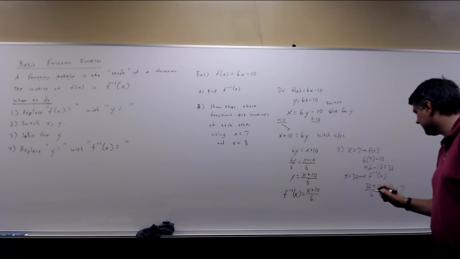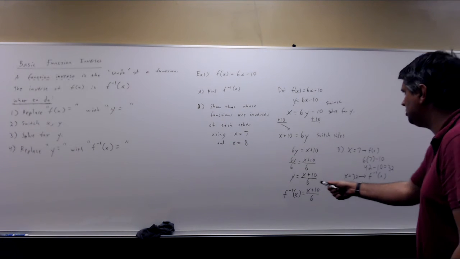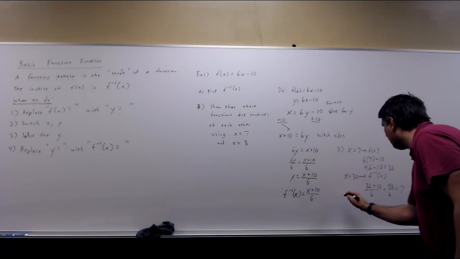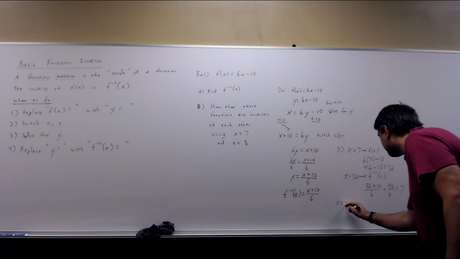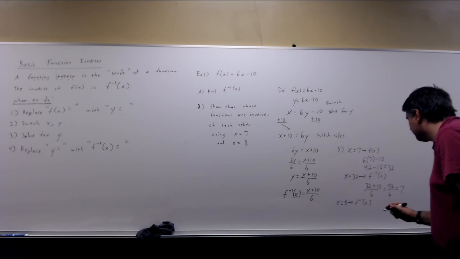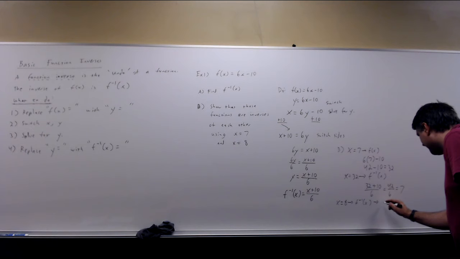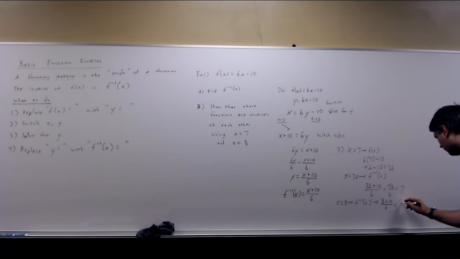Okay? The next thing I want to do is I want to use x equals 8 into f inverse of x. So that's going to be 8 plus 10 over 6, which is 18 over 6, which is 3.